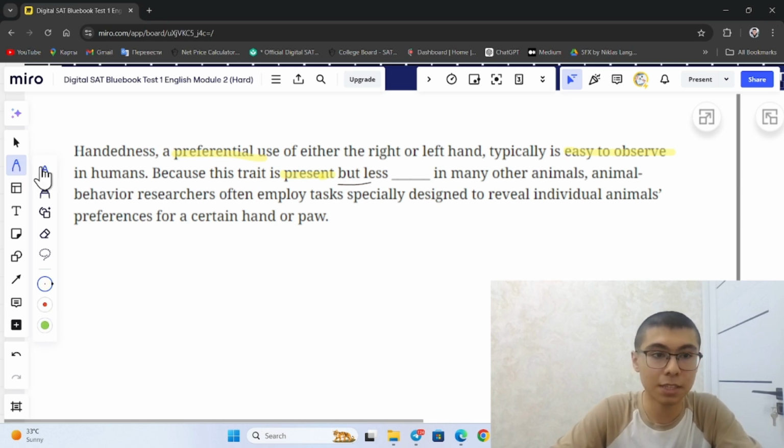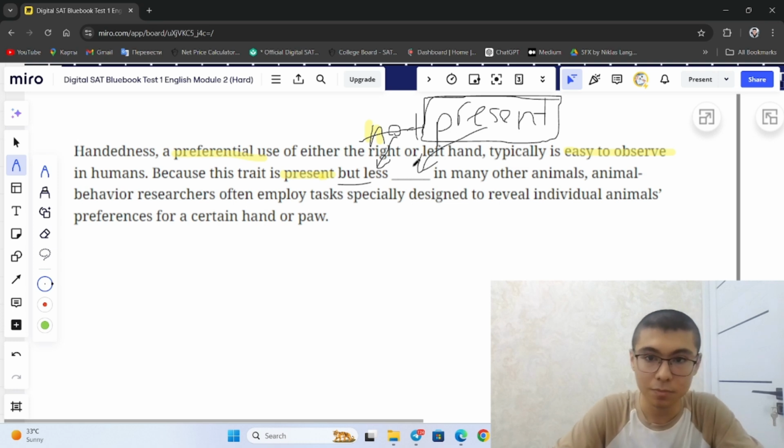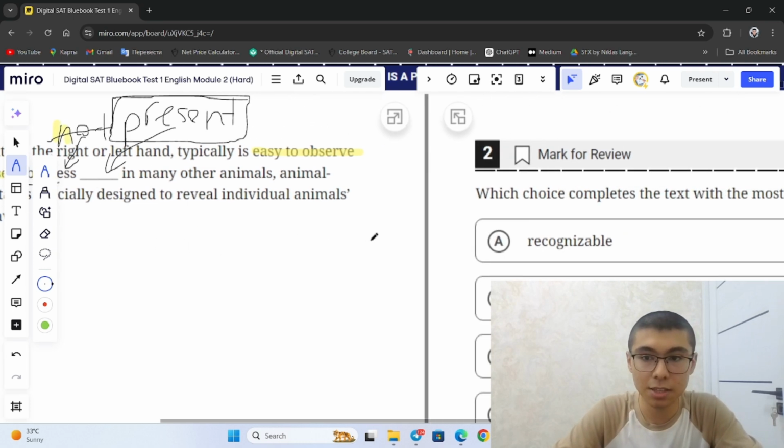So after that, we need something like not present. And not can be replaced with less. So we can remove not. So we need a word which is like present. It has to be the synonym of present in this case. So let's have a look at the choices.